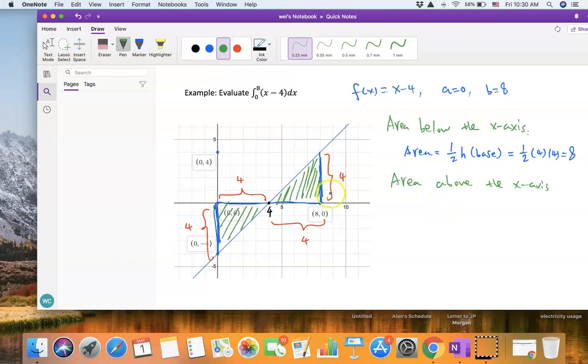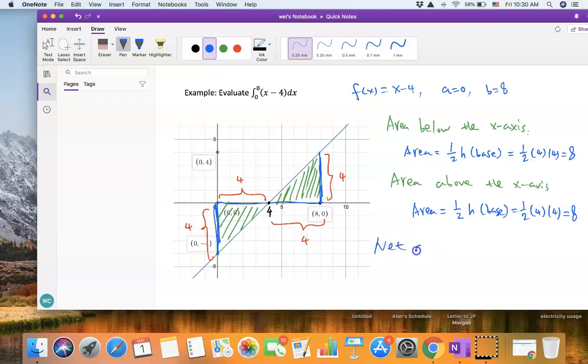So the area of the second right triangle is also 8.